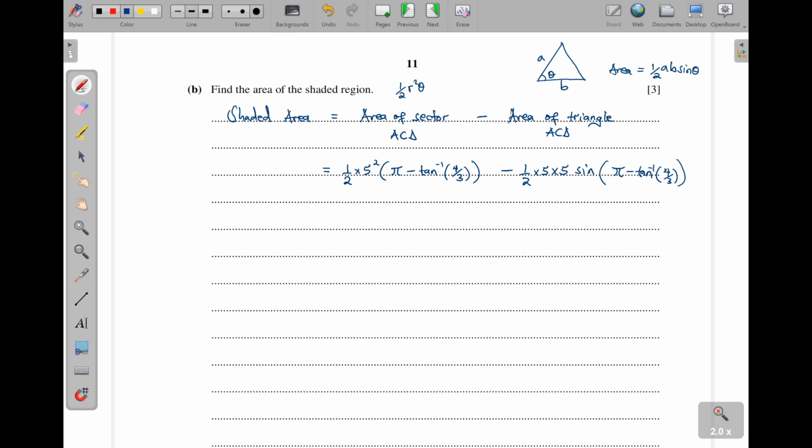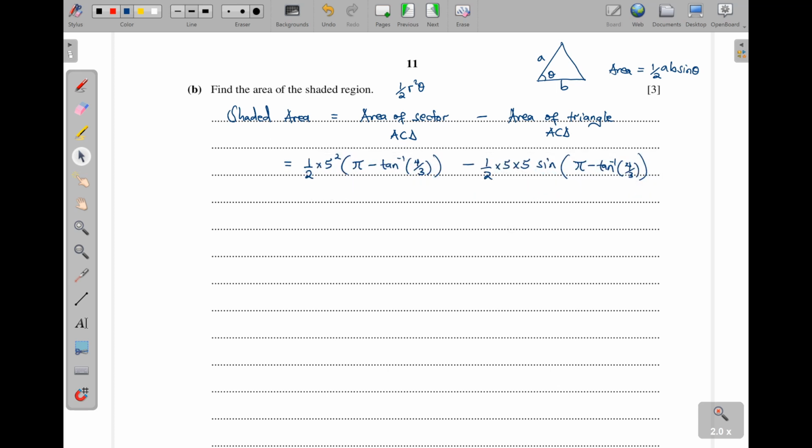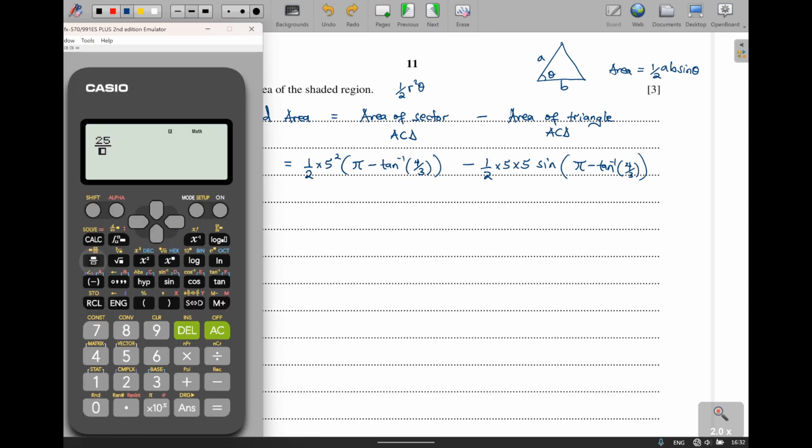Like that. So when we put everything in the calculator here, what do we get? When you look at this one here, we have 25 over 2 and also 25 over 2. So I'm going to factorize that. 25 over 2, then inside the brackets we shall have pi minus the arctan of 4 over 3.